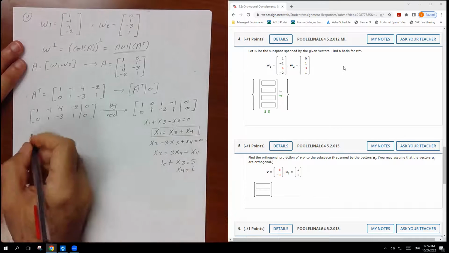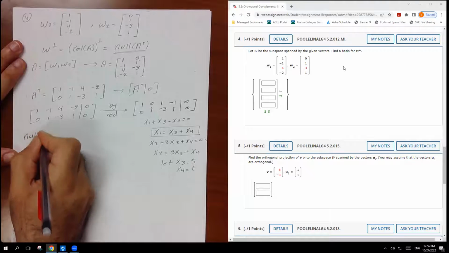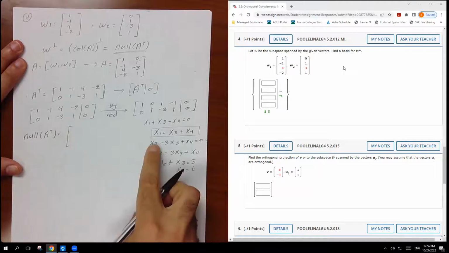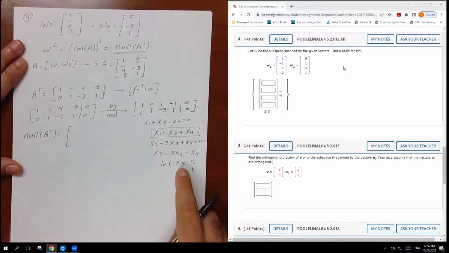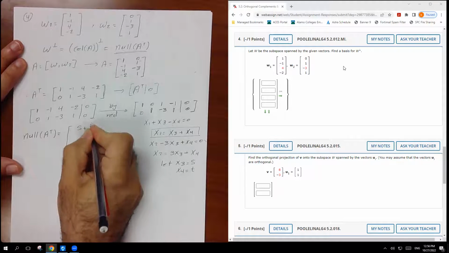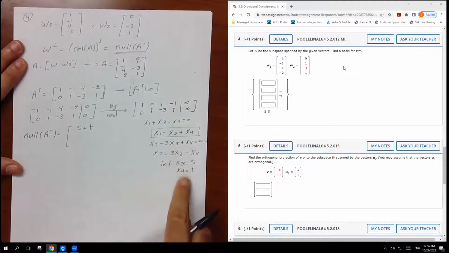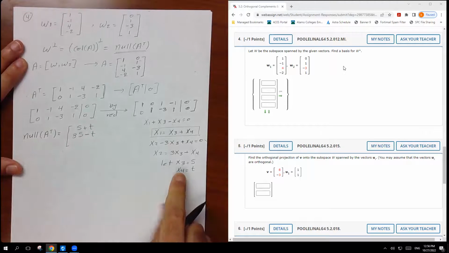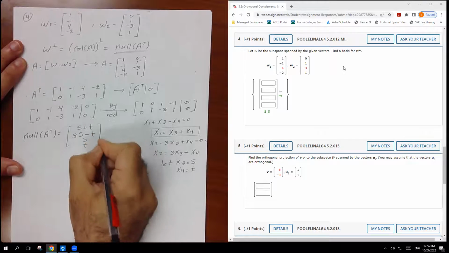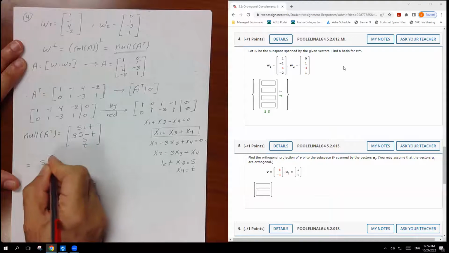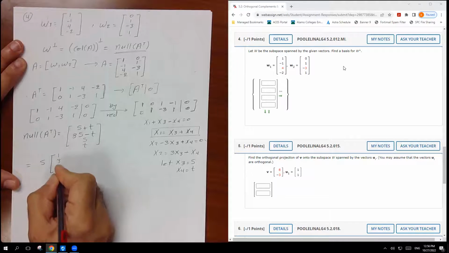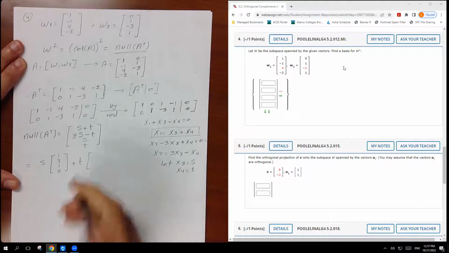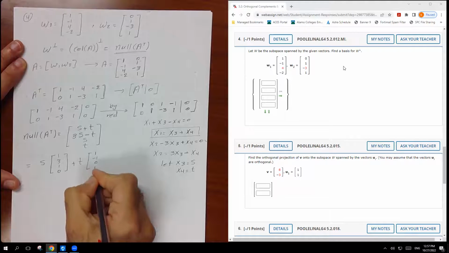That means we're going to plug in everything here. So the null space of A transpose is going to be x1, which is s plus t, x2, 3s minus t, and here is going to be s and t, which is equal to s times 1, 3, 1, 0 plus t times 1, negative 1, 0, 1.